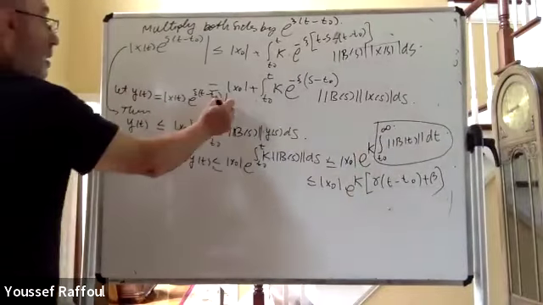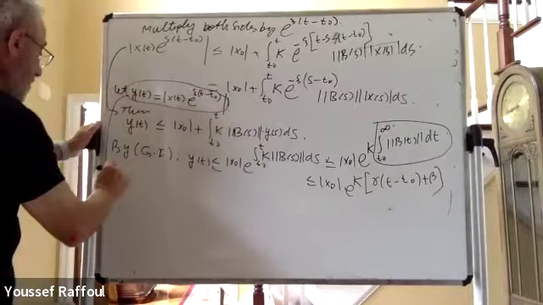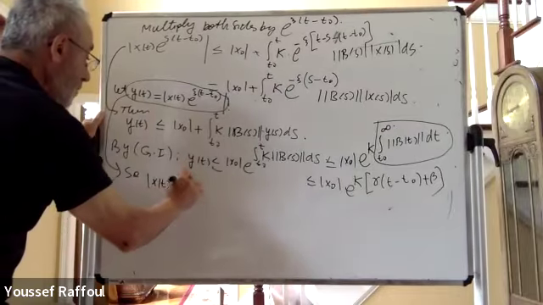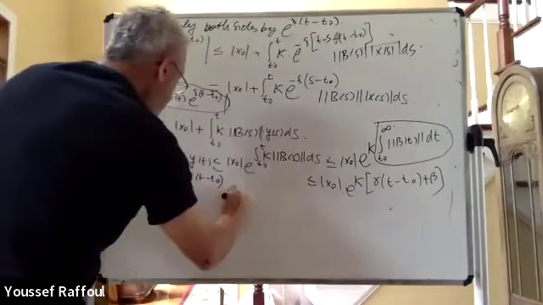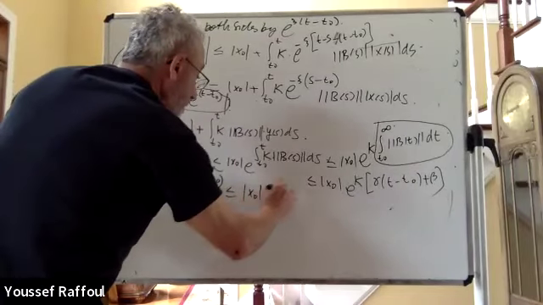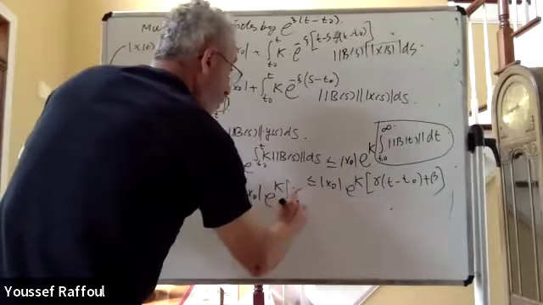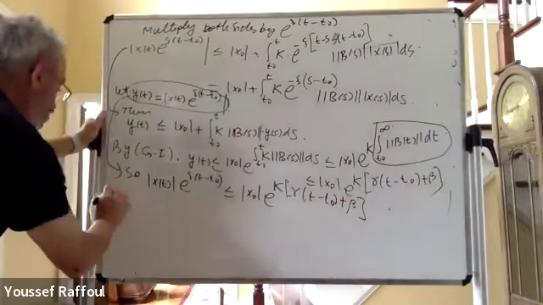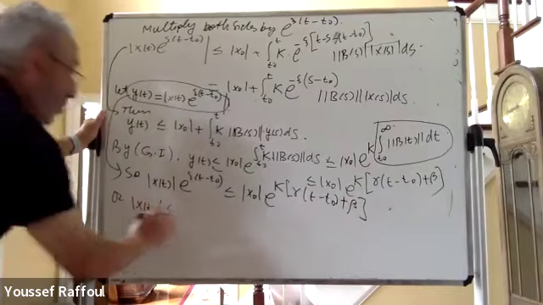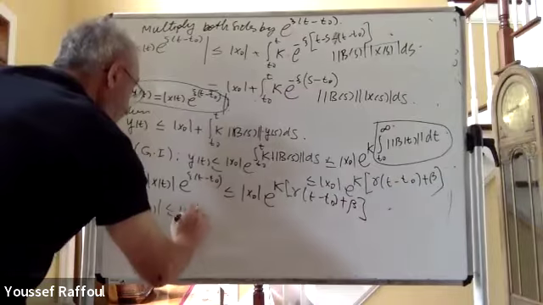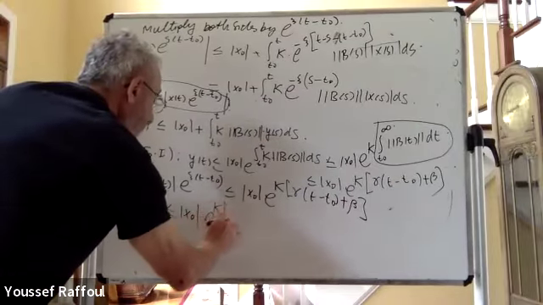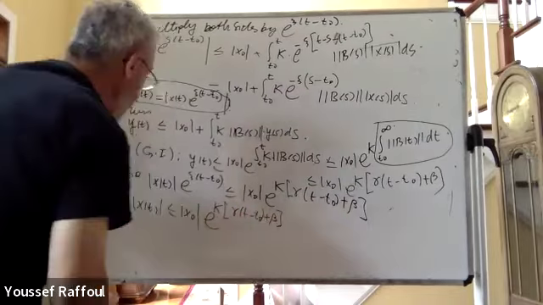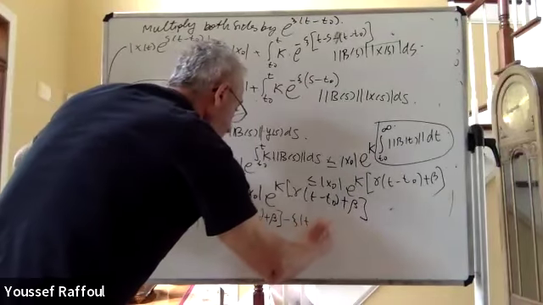But look what we had. We had x(t) e to the psi (t minus t naught) less than or equal to x naught e to the K of gamma (t minus t naught) plus beta, or x(t) less than or equal to x naught e to the K gamma (t minus t naught) plus beta minus psi (t minus t naught).